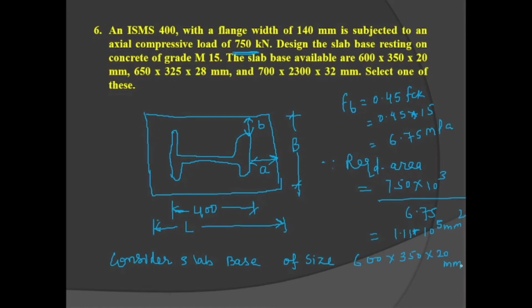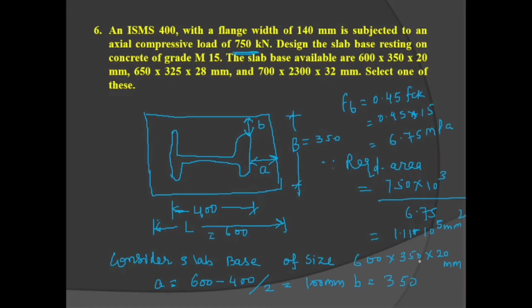So here A and B initially we have to calculate. A is equal to 600 minus 400, divided by 2, that is 100 mm. Similarly, small b is equal to 350, because this dimension we have assumed 350 and this dimension we have assumed 600.